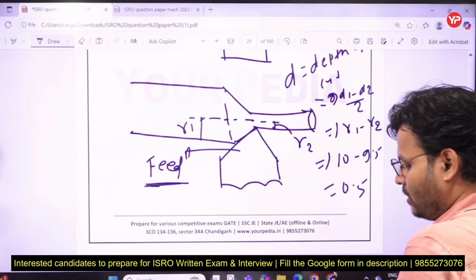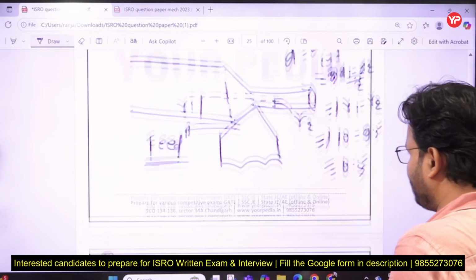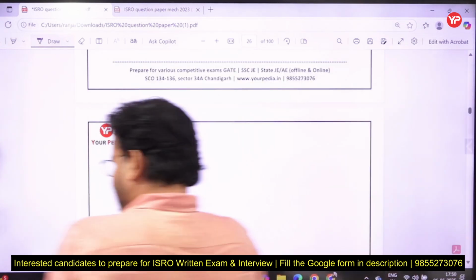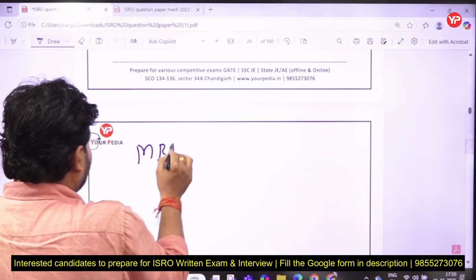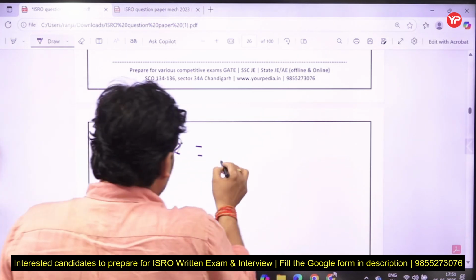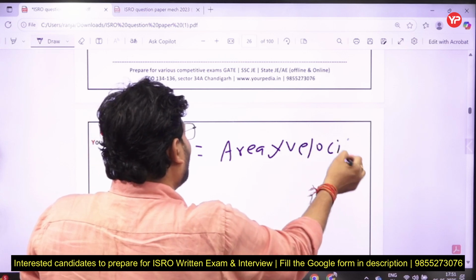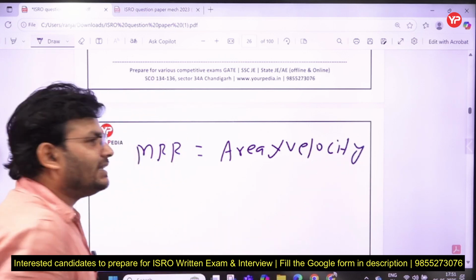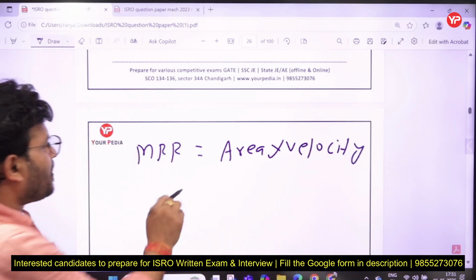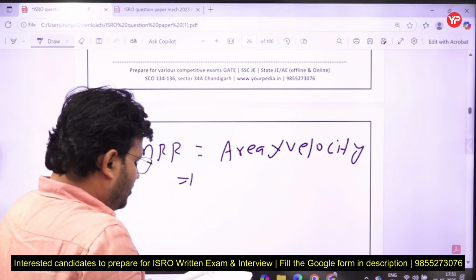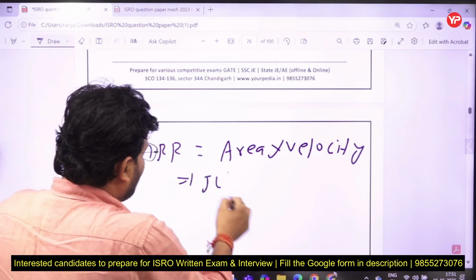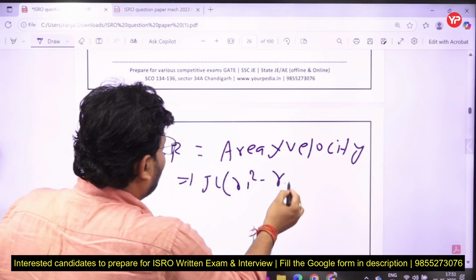What will be the material removal rate? It will simply be area into velocity. Always, whenever you require a rate, like material removal rate or discharge, it is area into velocity. The area is pi times R1 square minus R2 square.